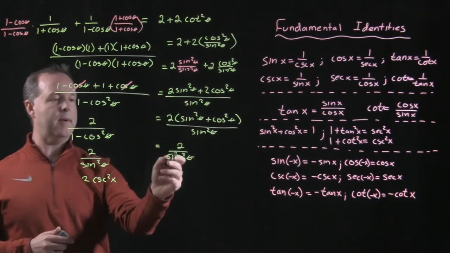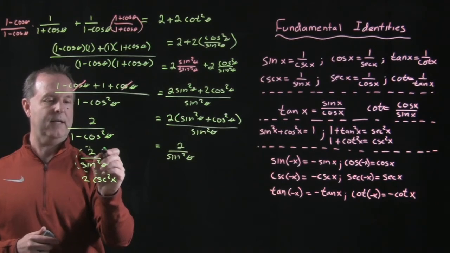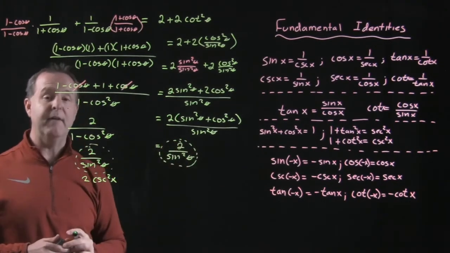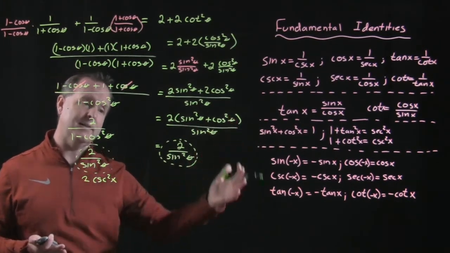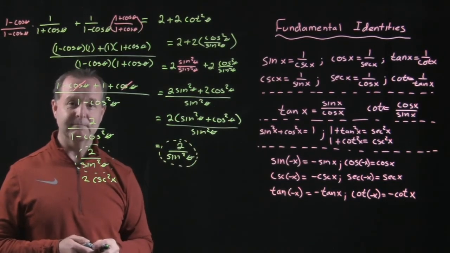And from there, I do remember seeing that before. Here it is right here on the left side, and there it is on the right side. So I was able to verify this identity by working both sides until I got something that I saw on the right as I saw on the left. So therefore, identity verified.